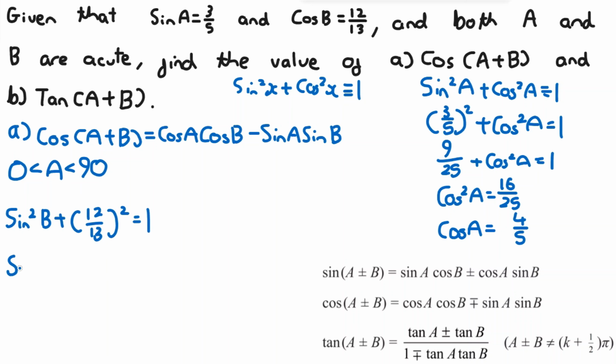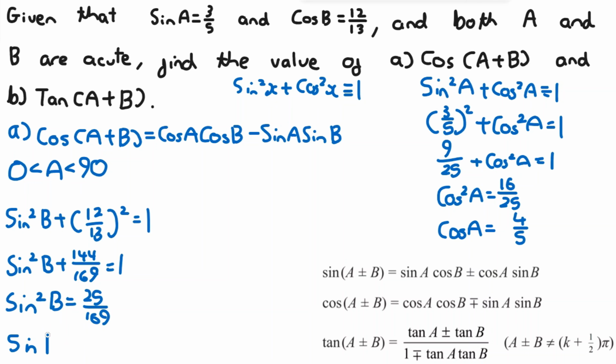So this is going to be sin squared B plus 144 over 169 is equal to 1. So sin squared B is equal to 1 minus 144 over 169, which is equal to 25 over 169. So therefore, sin B is equal to the square root of this, which is equal to 5 over 13.